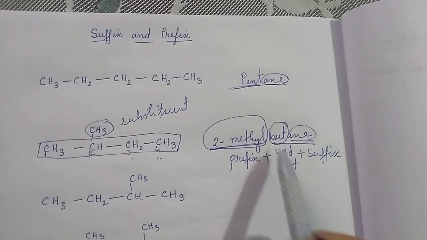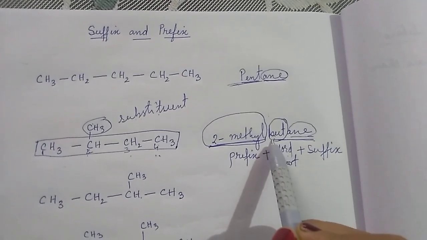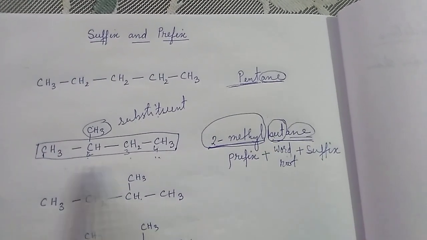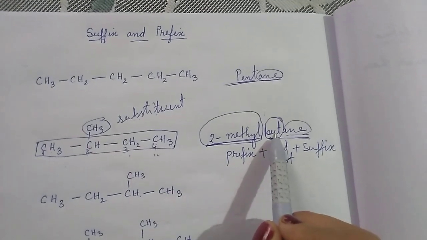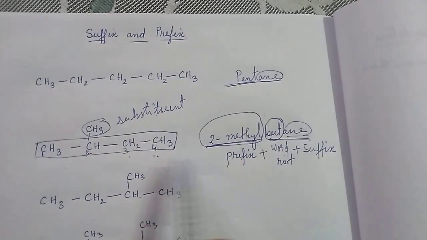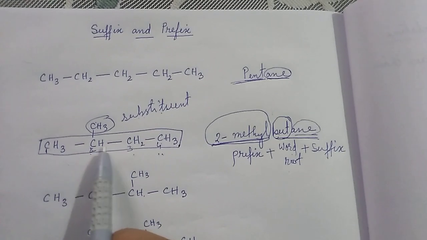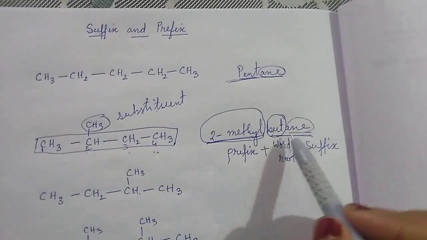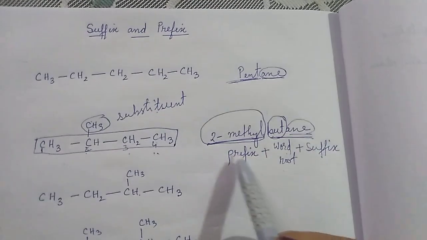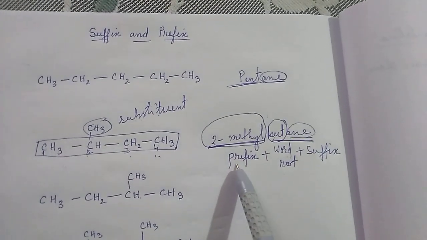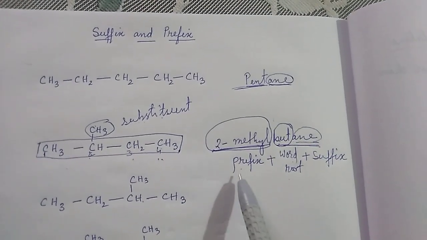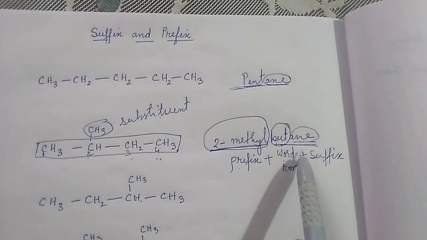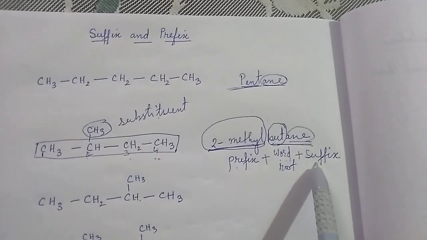It is mentioned with a particular name, bute, because of 4 carbons. So bute, and ANE is in the suffix because of the nature of the chain. It is all single bonded, so ANE. If it had been a double bond, it would be ENE. So prefix means always the first one, then word root, then at last comes your suffix.